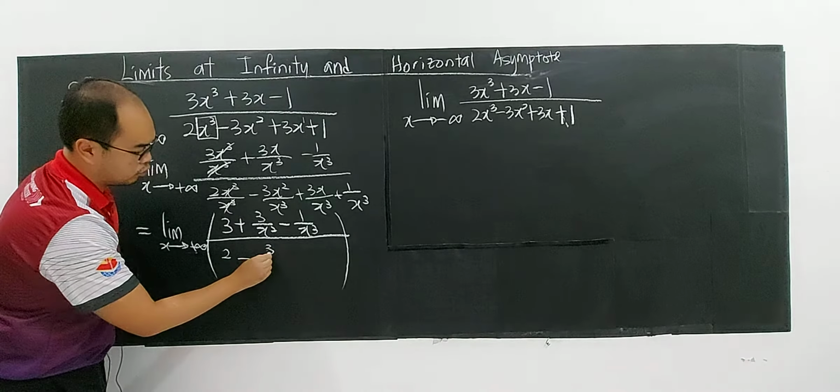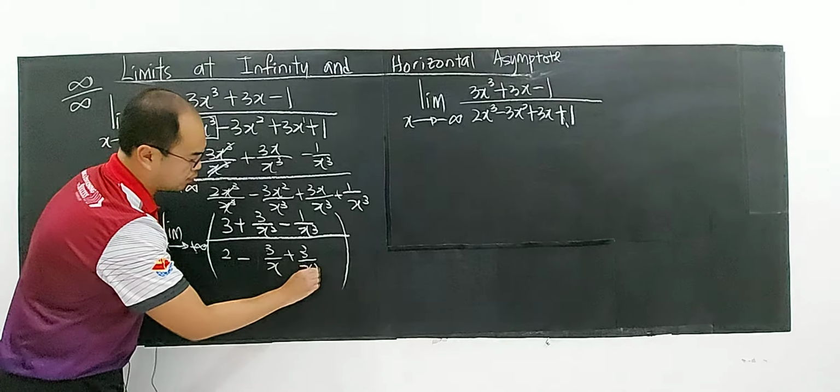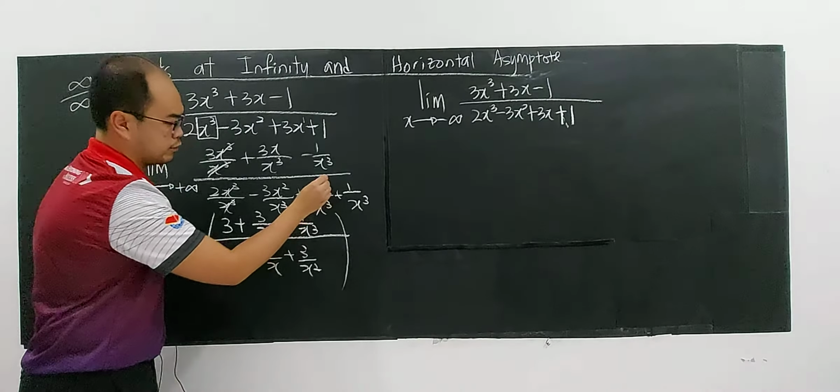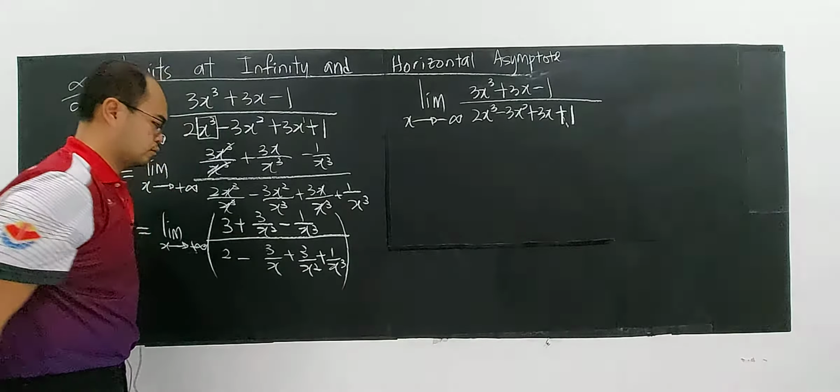You have 3 over x plus 3 over x to the power of 2, right? X by 3 minus 1 and plus 1 over x cubed, right?